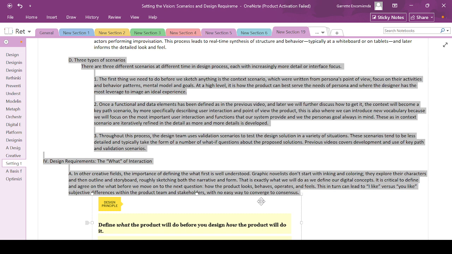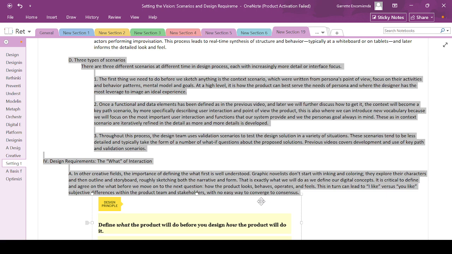So that's where the designer's thinking or intuition comes up. In the previous video, we discussed this intuition, or synthesis, about the designer's ability to synthesize a problem and then solve it.